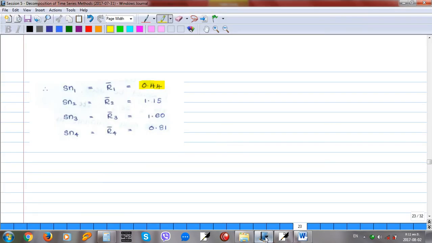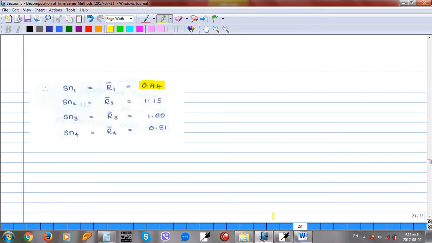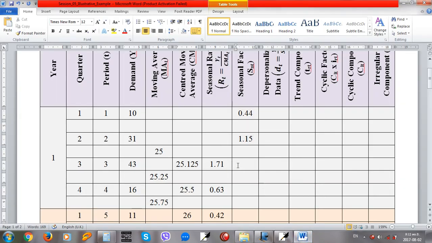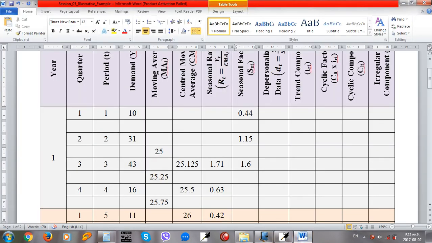SN2 equals 1.15, and SN3 equals 1.6, SN4 equals 0.81.